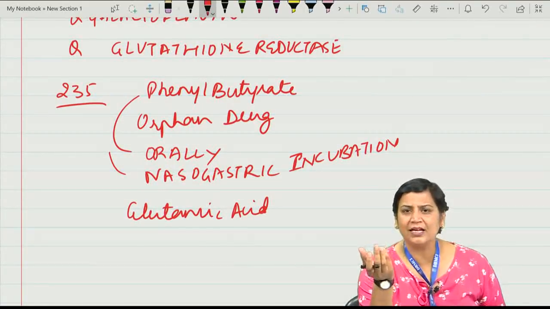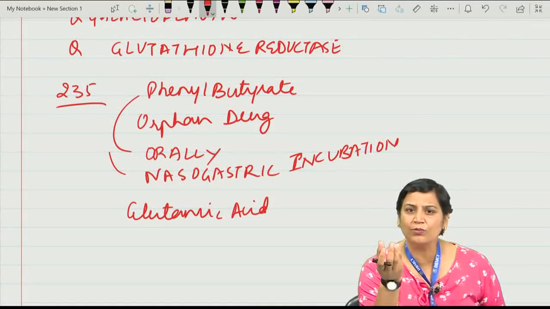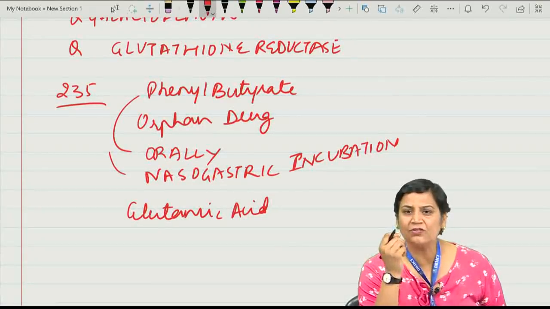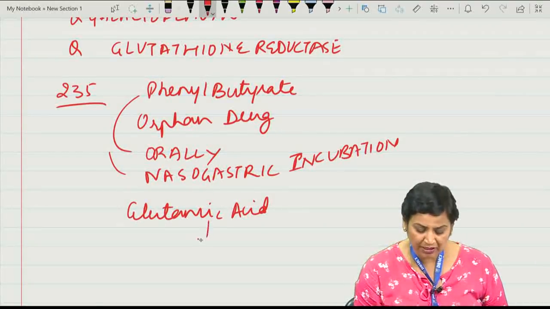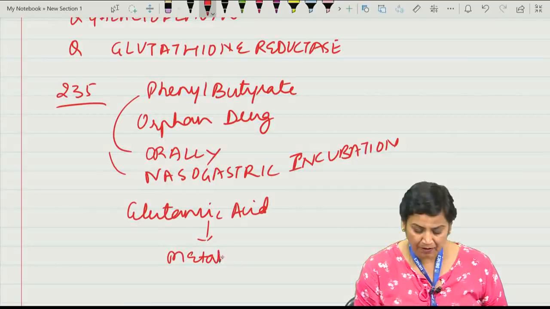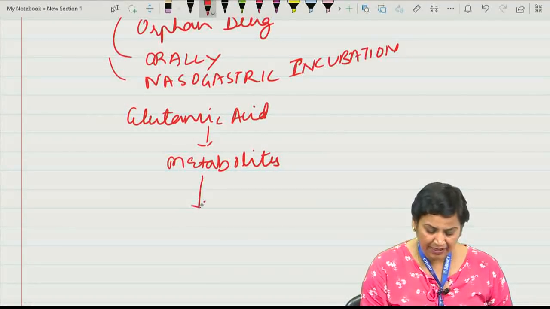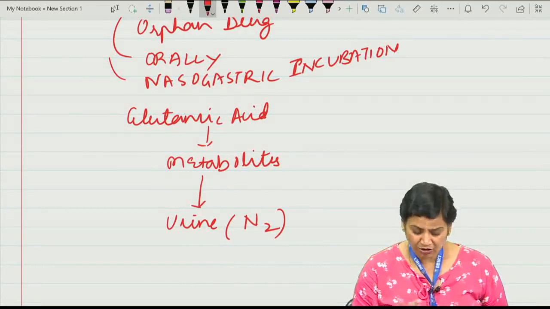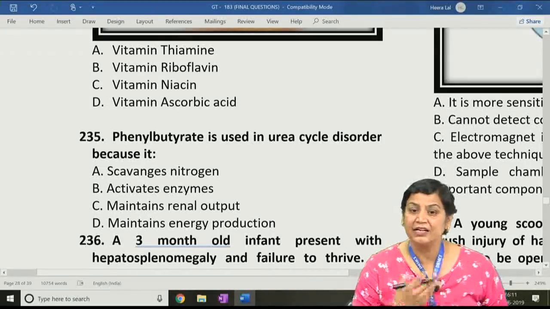Basically what is happening, urea cycle is what? There is synthesis of this ammonia. The source of ammonia is glutamine, which is coming from glutamic acid. So what this phenylbutyrate is doing, it is combining with glutamate, and it forms those metabolites which can be excreted in urine with nitrogen present in them. So this phenylbutyrate is scavenging this nitrogen, right?